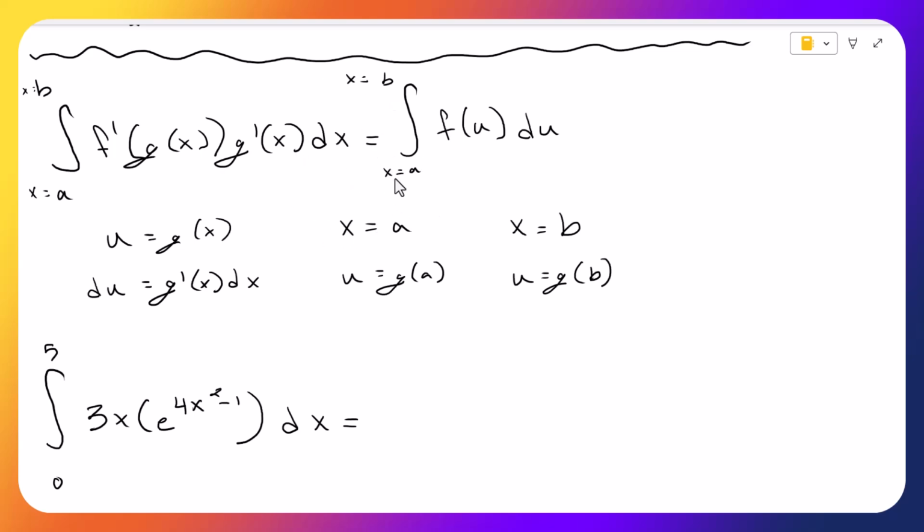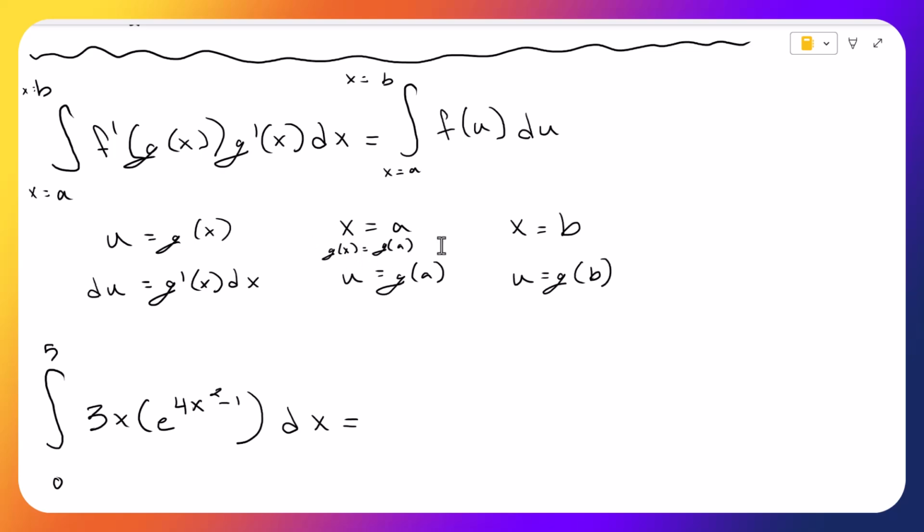Well, if x equals a and u equals g of x, let's apply this function to both sides. So g of x equals, for one of them, g of a.